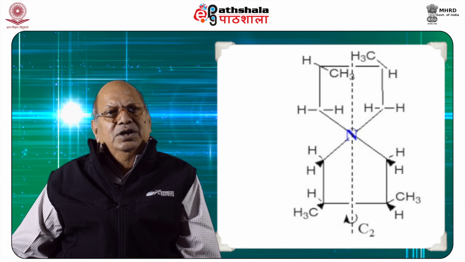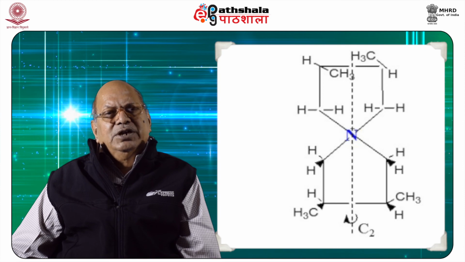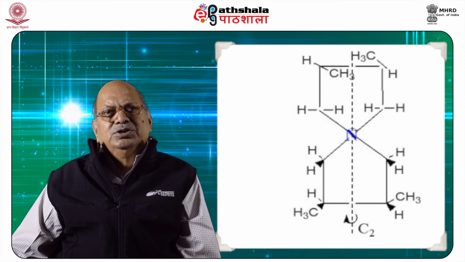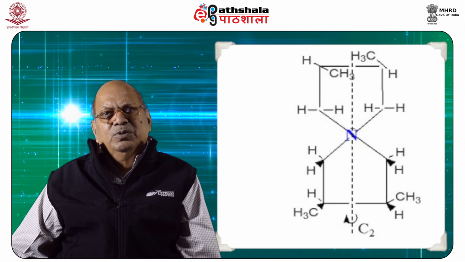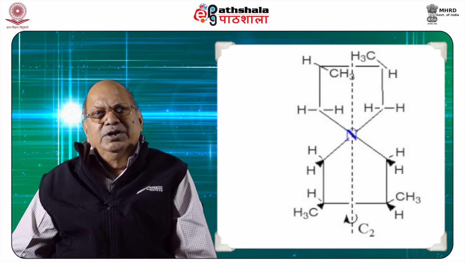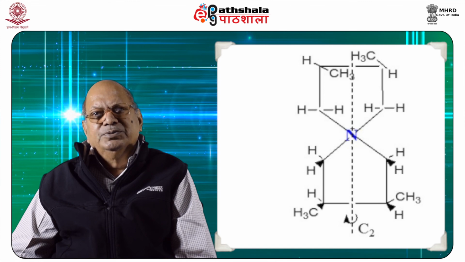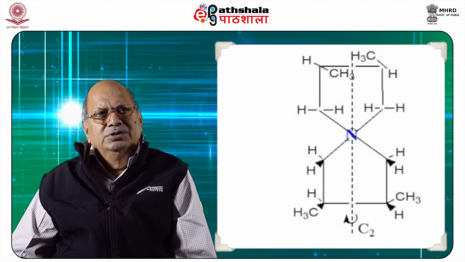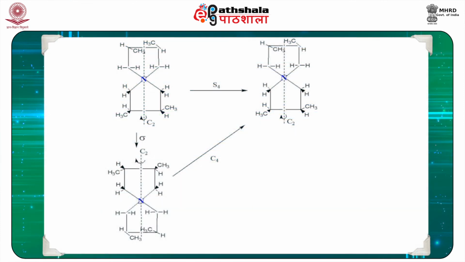It contains an S4 axis coinciding with the C2 axis. The molecule does not have sigma, but a combination of sigma and C4 axis results in an S4 axis. Thus, the molecule is optically inactive, even though it does not have sigma, as it contains an S4 axis of rotation. The S4 axis is shown in this molecule.